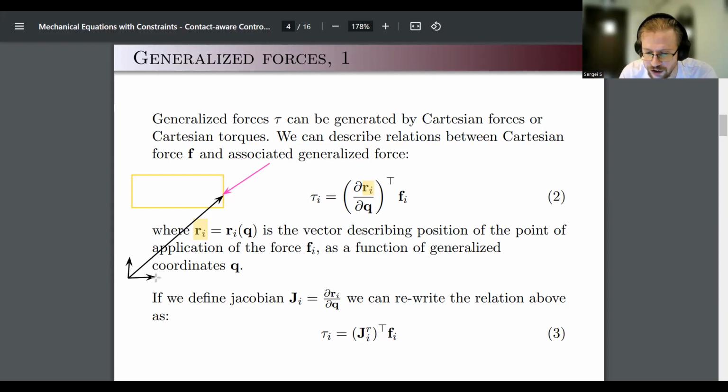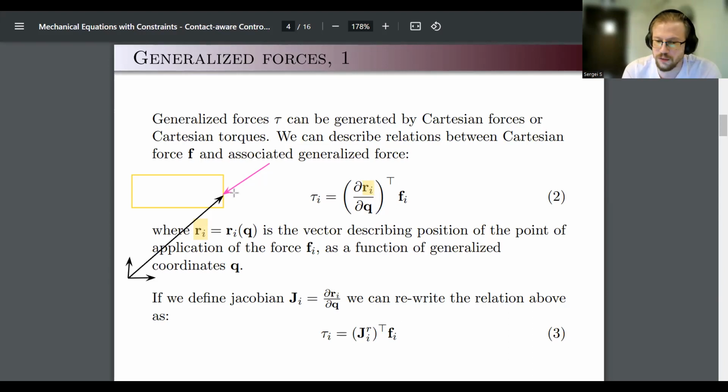So we're not interested in how distant it is from the origin. We're interested in how this point is described as a function of generalized coordinates, because this point lies on the mechanism, so it can be described as a function of generalized coordinates. Since generalized coordinates describe any configuration of the robot, they can also describe any point on the robot.